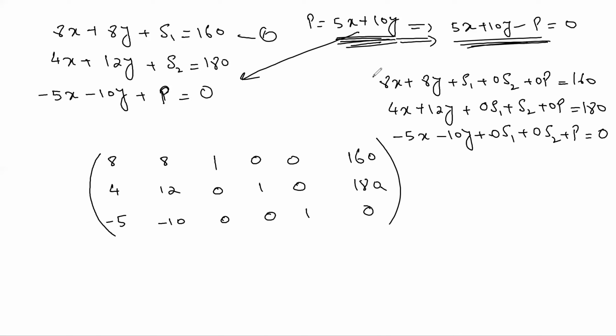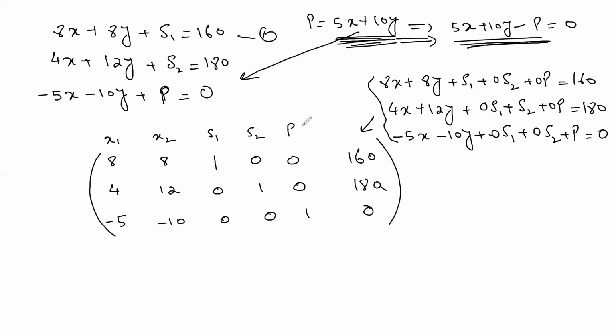So when you write this system into the matrix form, it will take this form. This is called the simplex tableau form. Now here we can write x1, x2 instead of x, y. For convenience, I just write x1, x2. So this is x1, this is x2, this is s1, this is s2, and this line is for p, right?